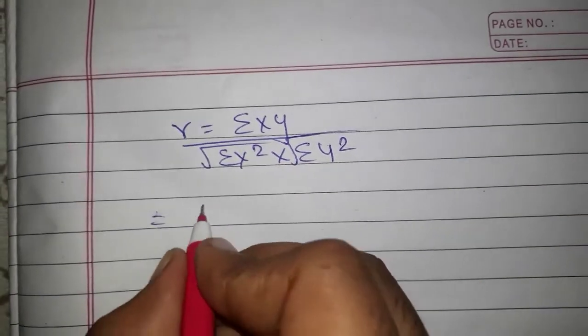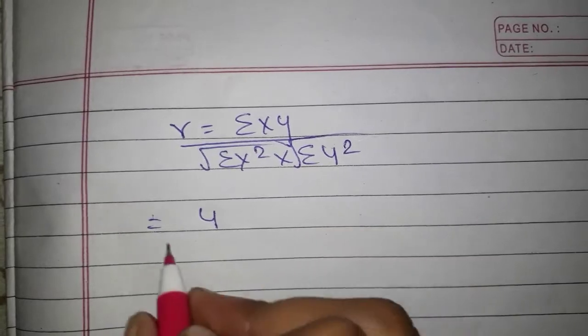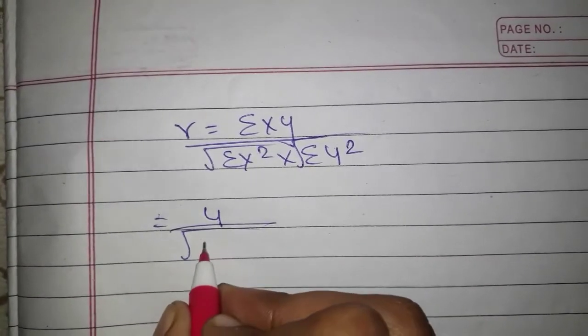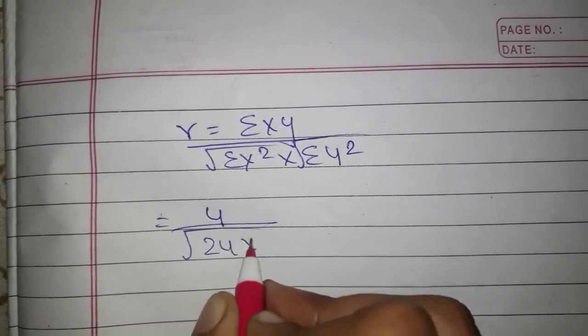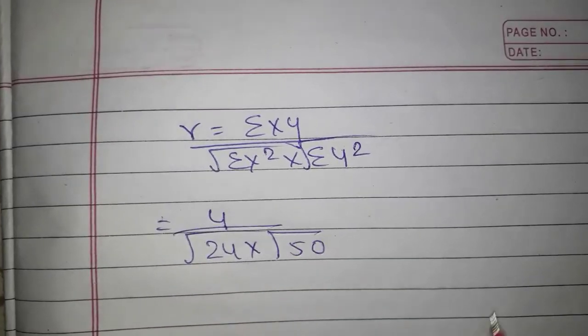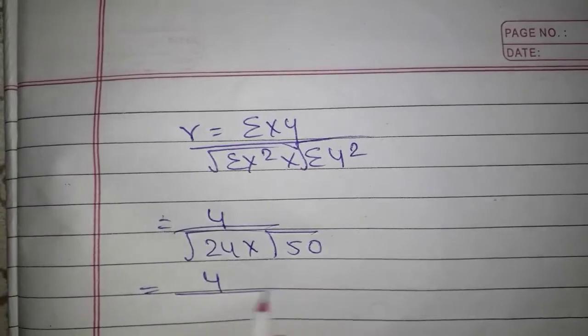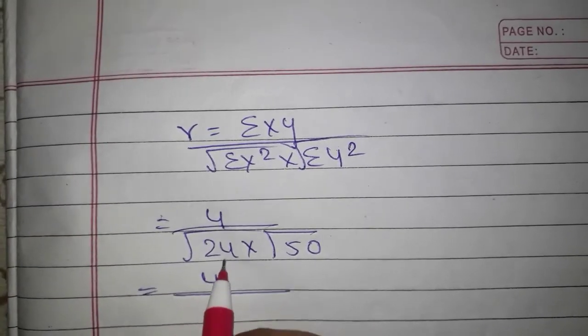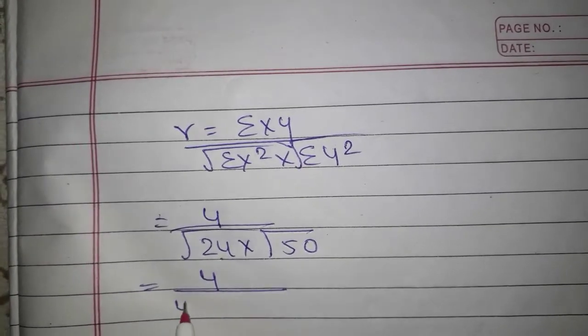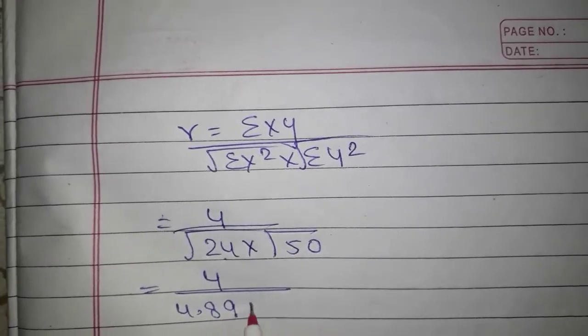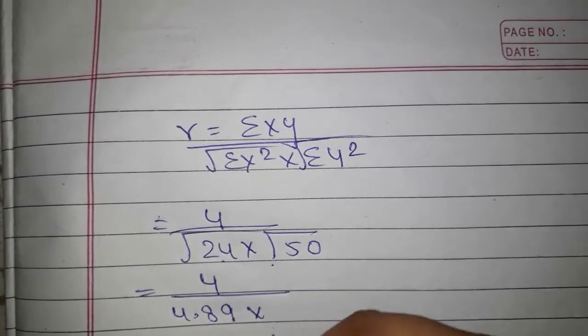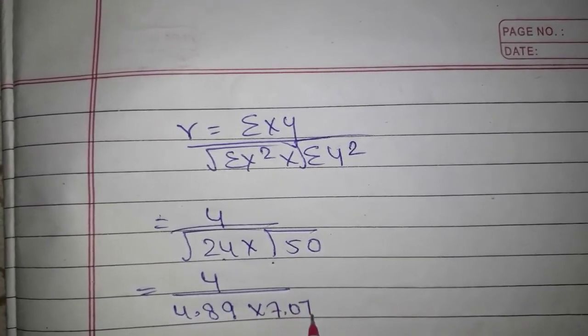That is 4, as you have seen above. Sigma x square value is 24 into sigma y square value is 50. So 4 over, when we calculate root 24, it comes to 4.89, and when we calculate the root of 50, it comes to 7.07.